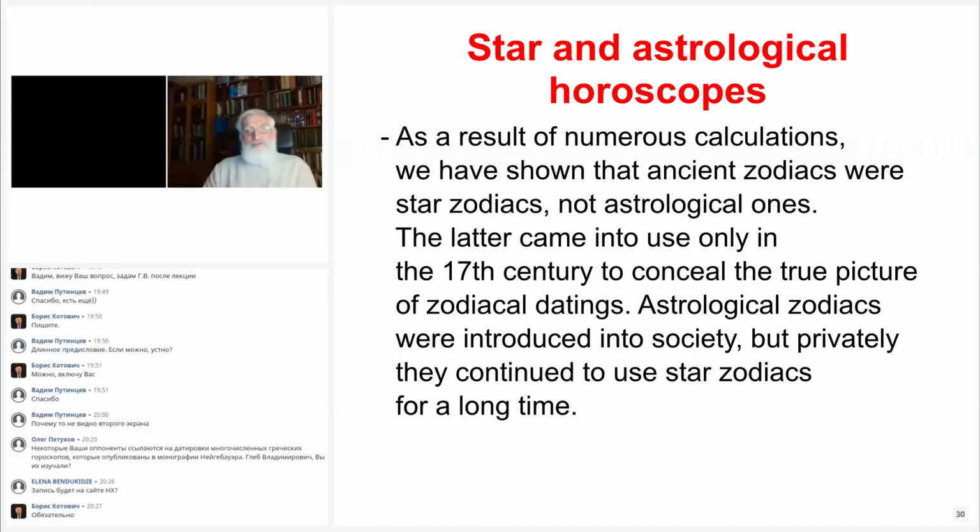Morozov and his colleagues spent months calculating one variant using pencil and paper even for star zodiacs. So, this method was very effective. They essentially prohibited the calculation of dates based on zodiacs, transforming them from star to astrological. Modern astrological theory dates back to the 17th century and was created solely for confusion.